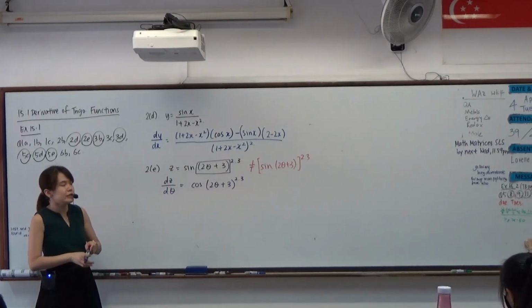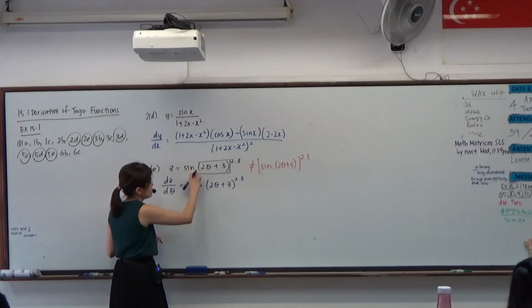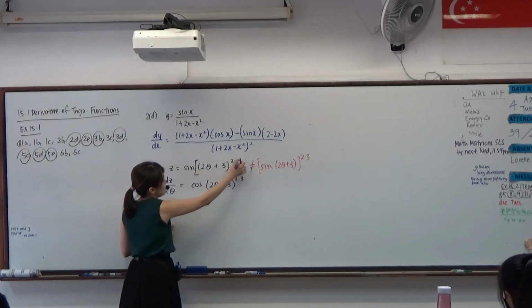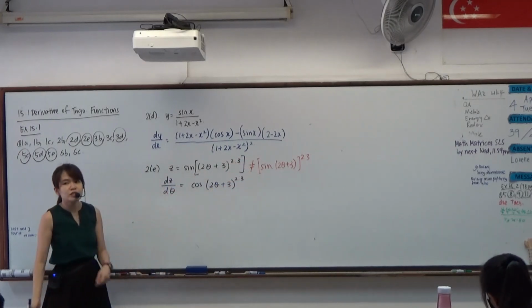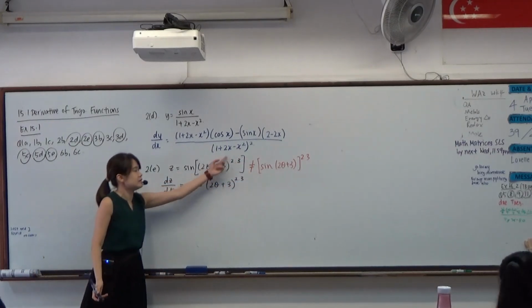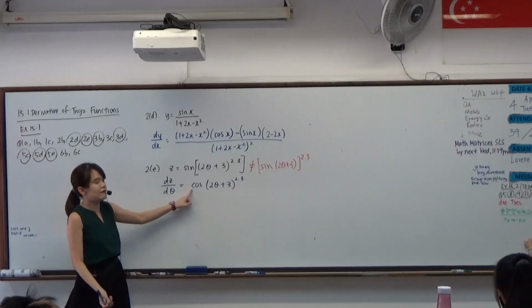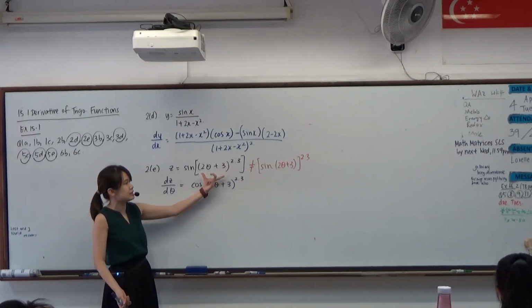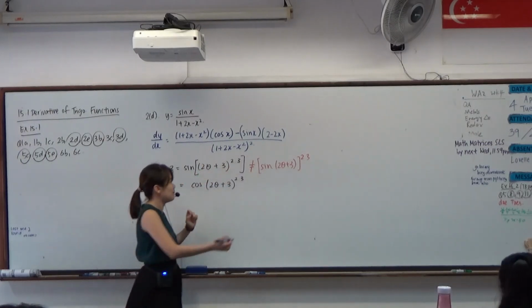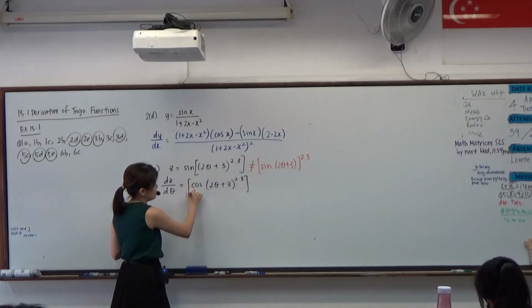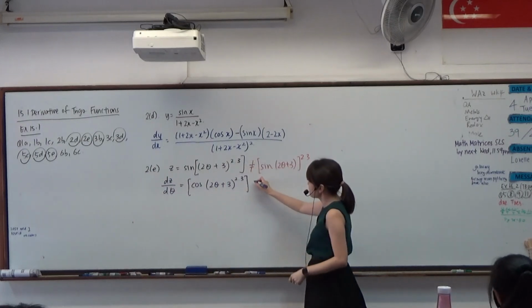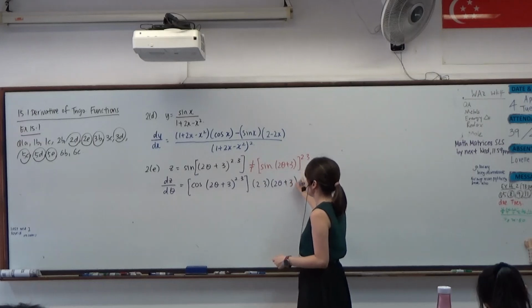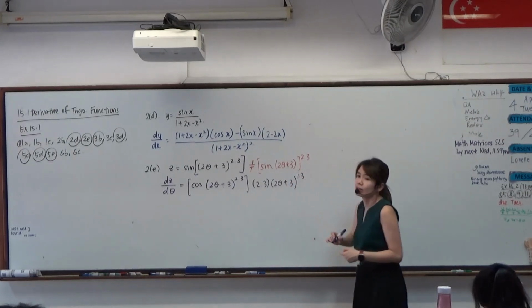If you feel that you might get lost, especially when things get complicated along the way, you may wish to put extra brackets just to remind yourself that it is sine the entire thing here.